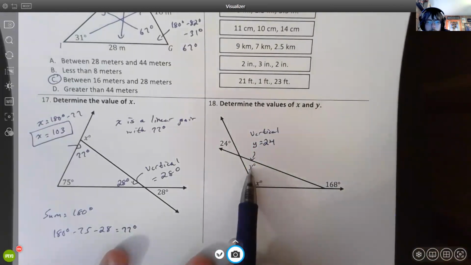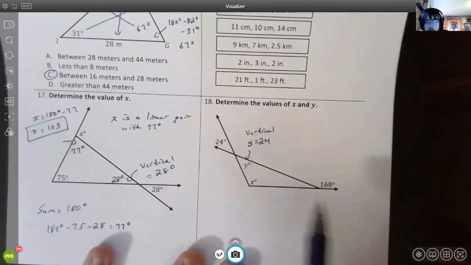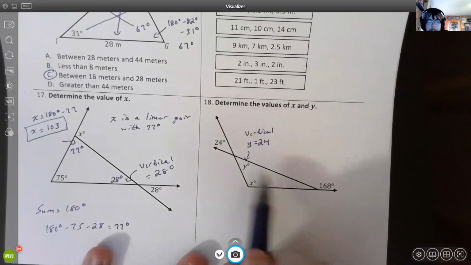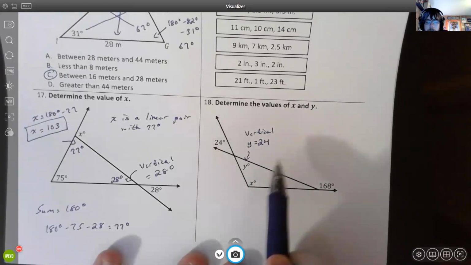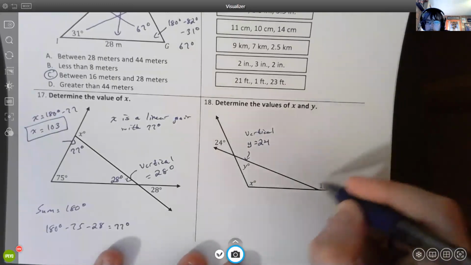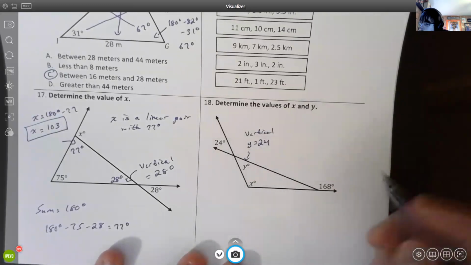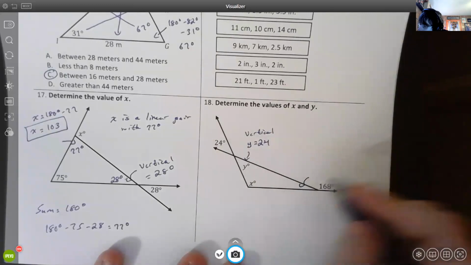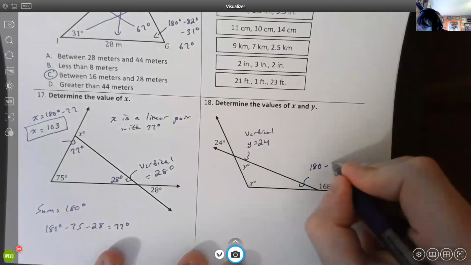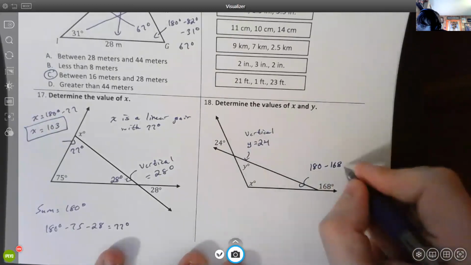Well, we know this one interior angle. We want to find x, which is another interior angle. So if we find this angle, we can determine x using the sum of the angles in a triangle equal to 180. Well, we have a 168-degree angle here, and you'll notice that this angle here lies on that same line. So to find that angle, we have to take 180 and subtract 168, which gives us 12 degrees.